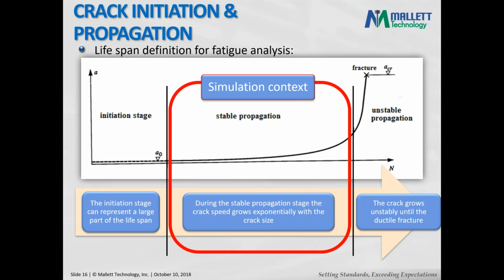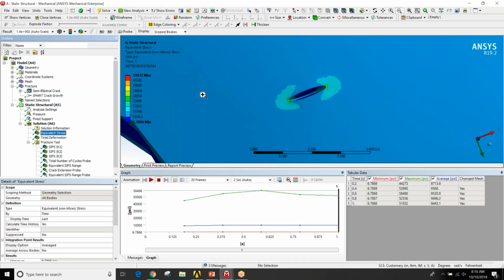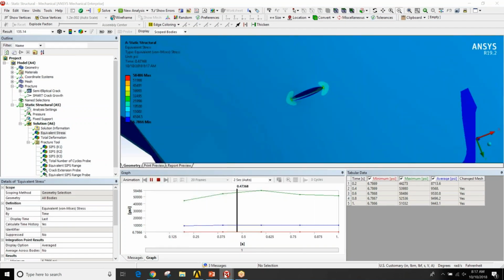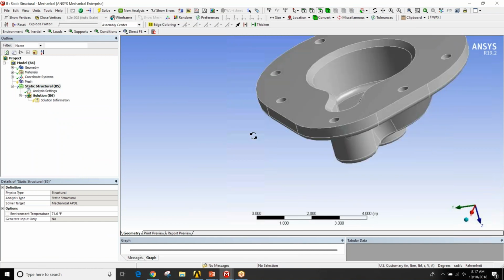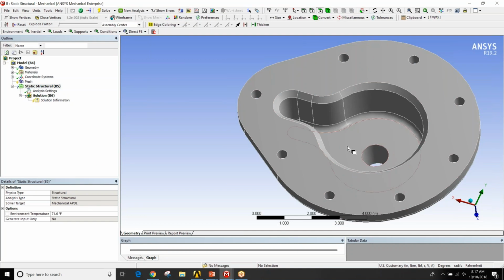So, this crack propagation, the simulation content here, is where, for example, I can do an animation of this. There's a certain crack that's right in the center of a part. And what is our part? It's really a demo part that we use in our regular ANSYS training class.